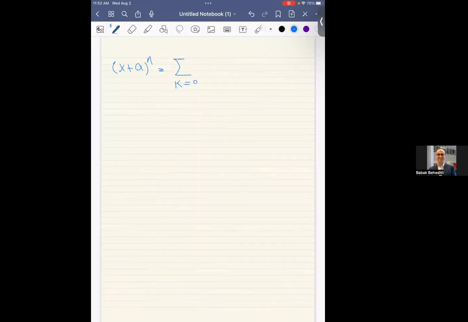It's capital sigma, k from 0 to n, of n choose k times x to the power n minus k, a to the power k. Just copy this for now. Gradually you will learn it, don't worry. I will explain it to you.